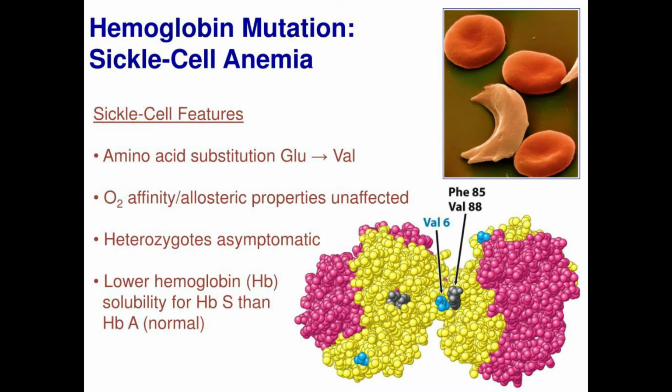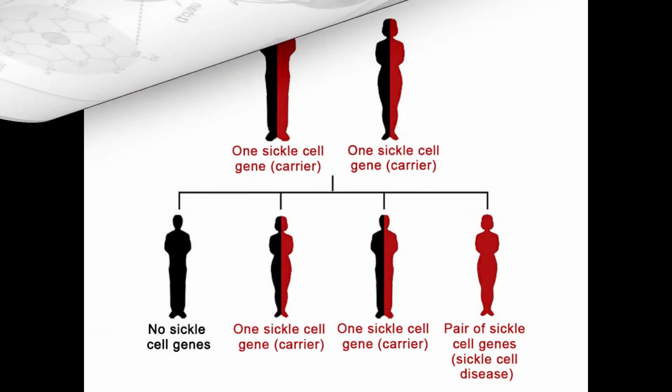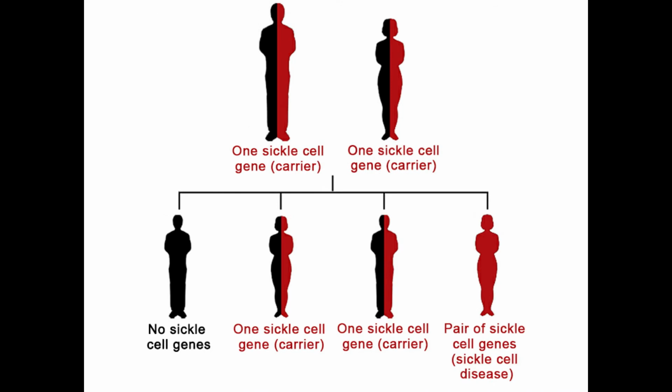It is an autosomal recessive gene. The sickle cell gene appears in 2 types, dominant and recessive. Dominant is represented by big S, and recessive is represented by small s. Okay?